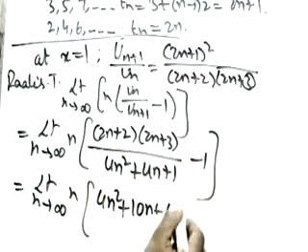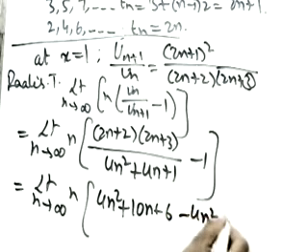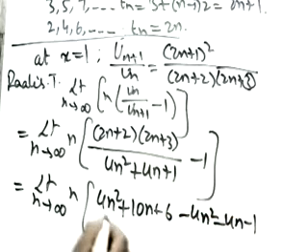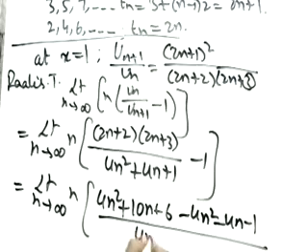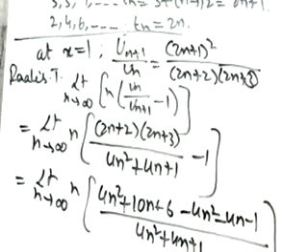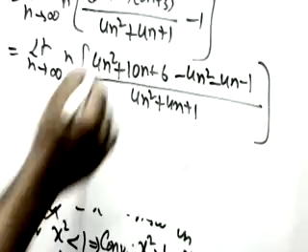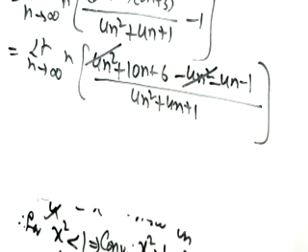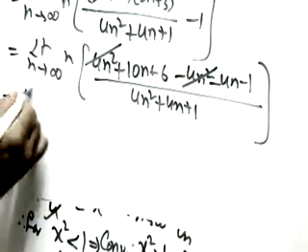Now if you take LCM, this will be multiplied with minus 1, so minus 4n square minus 4n minus 1, divided by the denominator that was left here, 4n square plus 4n plus 1. Now 4n square minus 4n square gets cancelled.